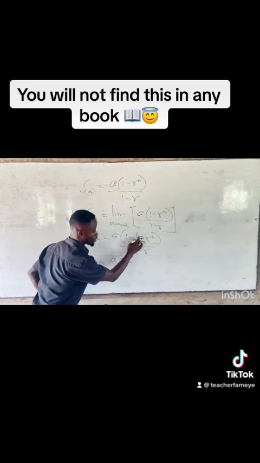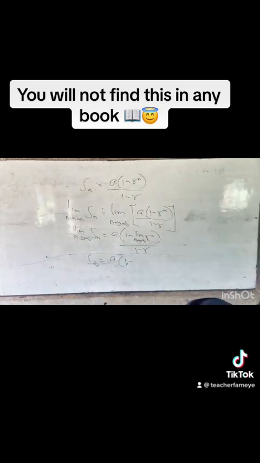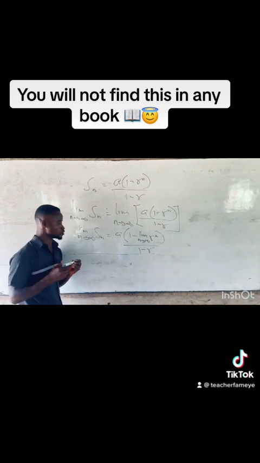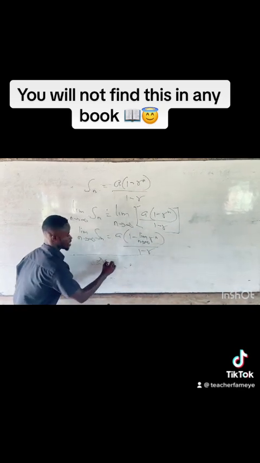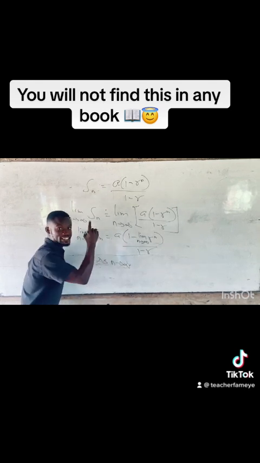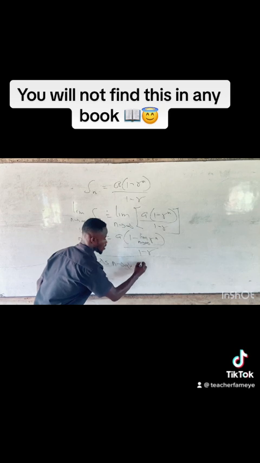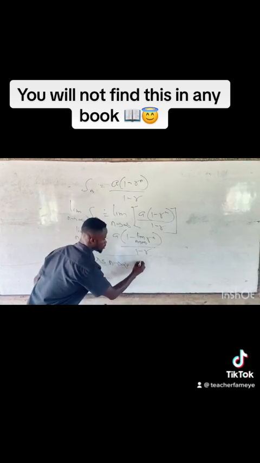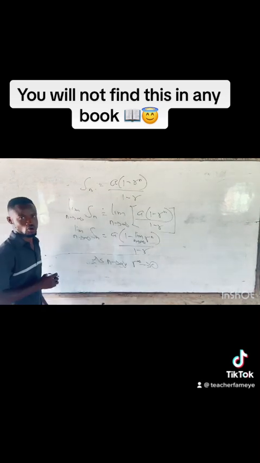Now, with this, what you should know is that as n approaches infinity, r raised to the power n, or let me say r raised to the power infinity, will be approaching 0.